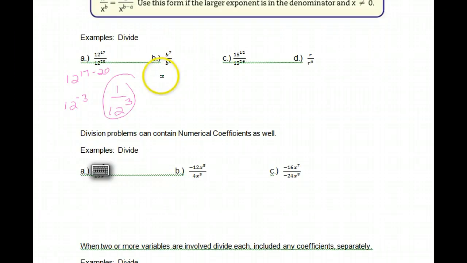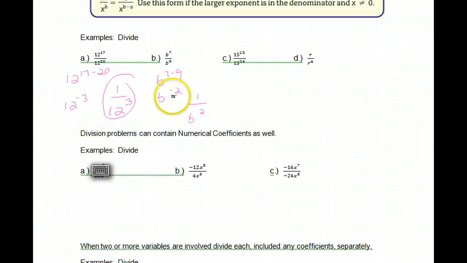Letter B, we have b to the 7 minus 9. You would get b to the negative 2. You would say, uh-oh, I'm not allowed to have a negative exponent. That's bad. So you would write that as 1 over b squared.